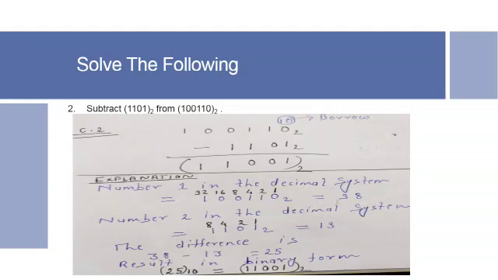It means the value is 38. For the second number, applying the 8421 logic, the value of 1101 is 13. Then if you calculate the difference, 38 minus 13, you get 25. If you calculate the binary value of 25, it is 11001. It means your result is totally correct.